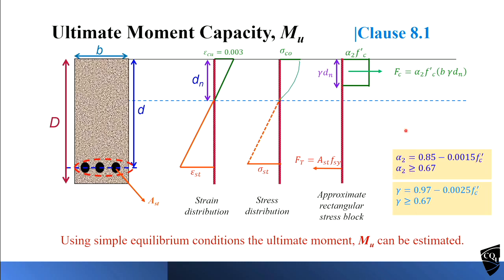The values are given in clause 8.1. If you look at clause 8.1, you should be able to see the equation for alpha 2 as this one, and gamma as this one. Remember, these two values are larger than 0.67. Okay, so now we have a stress distribution.